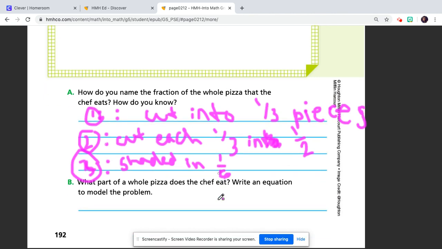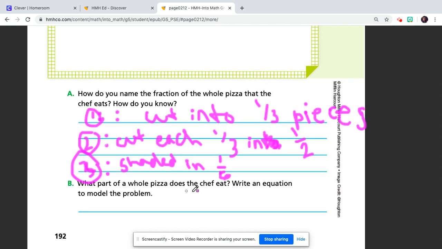Okay. And then finally, what part of the whole pizza did the chef eat? Like we said, they ate 1/6. Sorry, 1/6 of the whole pizza. And then it wants us to write an equation.